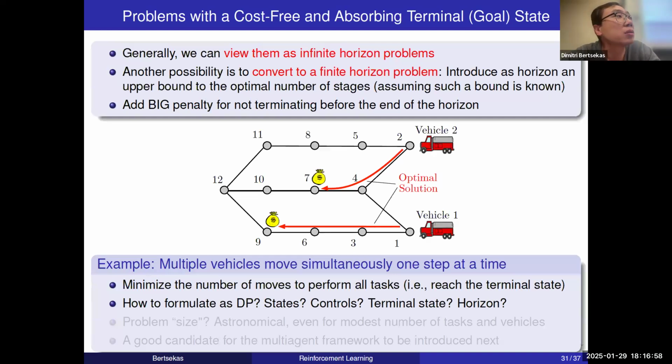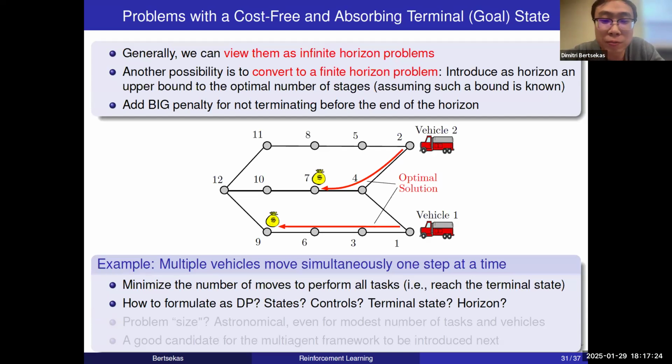Yeah, that's a possibility. So it will be all the nodes visited by vehicle 1 and all the nodes visited by vehicle 2, right? So that's a possibility. Yeah, that's a possibility, but it missed something.